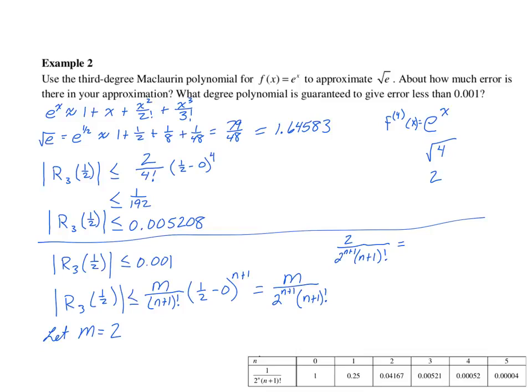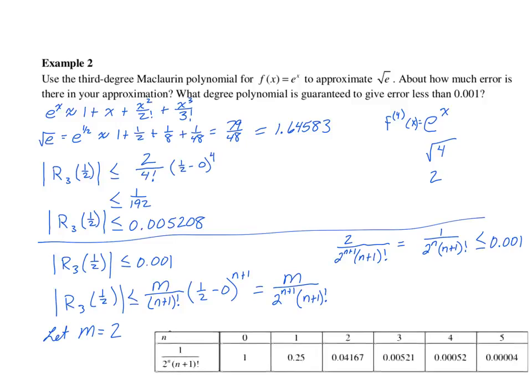The 2 over 2 raised to the n plus 1 will reduce to 1 over 2 raised to the n, and then times n plus 1 factorial. We know this has to come out to less than or equal to 0.001. So probably the easiest way of doing this is to get a table of values for this, substituting some values into that table, and that's what we have down here.